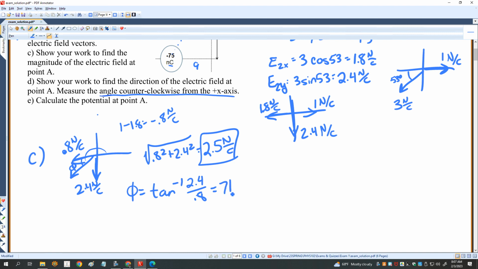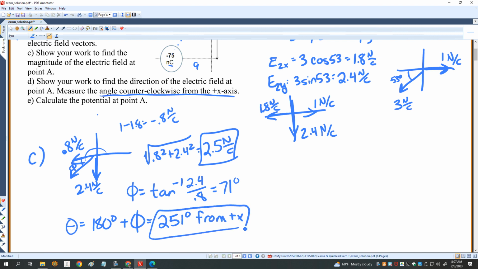That makes sense. 71 degrees, that's below the negative x-axis, but I wanted it expressed from the positive x-axis. So the angle, I'll call this theta, is going to be 180 degrees plus the angle phi, which is going to be 251 degrees from the plus x-axis. That's the resultant, or the direction of that vector.